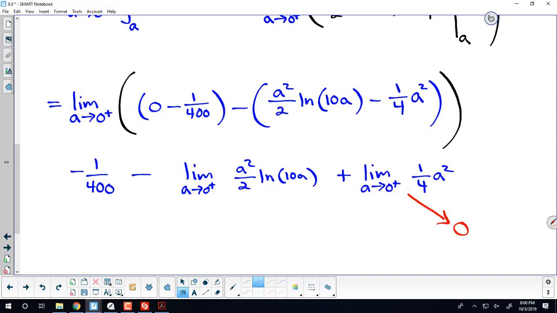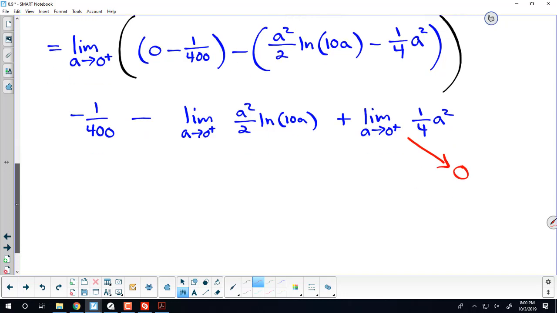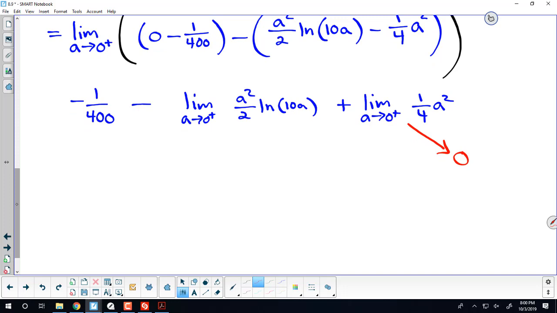That's approaching 0. What is a squared over 2 ln 10a approaching? Initially it's 0 times negative infinity, which is the indeterminate product that is not directly applicable to L'Hopital's rule, but it is related to L'Hopital's rule.